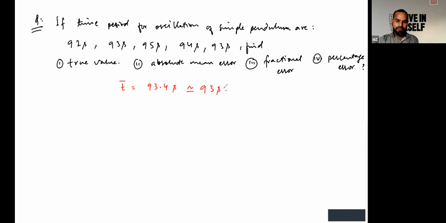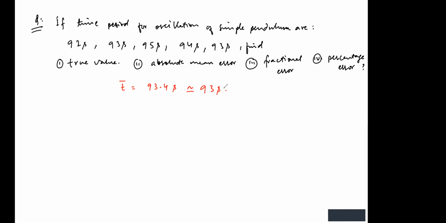If not, just check your calculation. For all of the deviating value, you have to take absolute value only, whether it be negative or positive. You have to take only the positive part. Okay, sir.